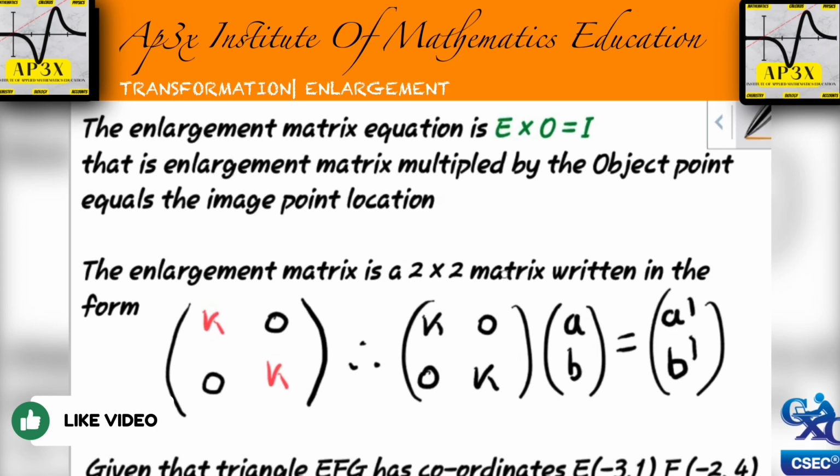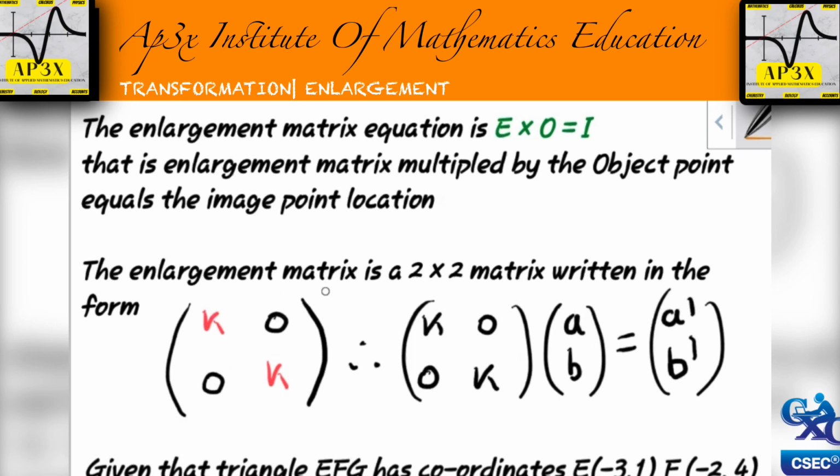The enlargement matrix is a 2 by 2 matrix in the form K, 0, 0, K. This is what I would call the leading diagonal. The leading diagonal of this matrix is where our scale factor will be, and our non-leading diagonal is always going to be 0, 0.